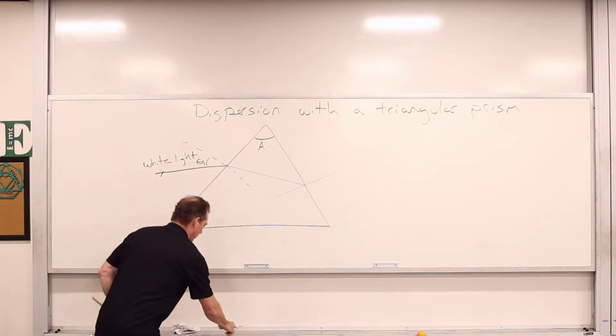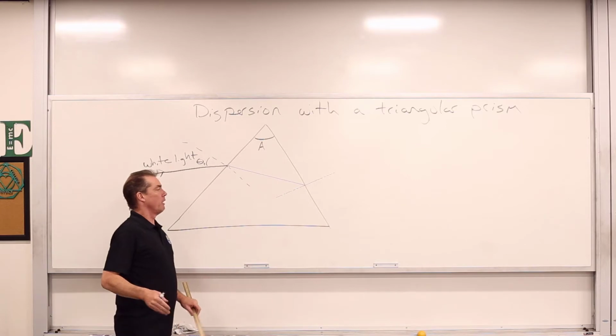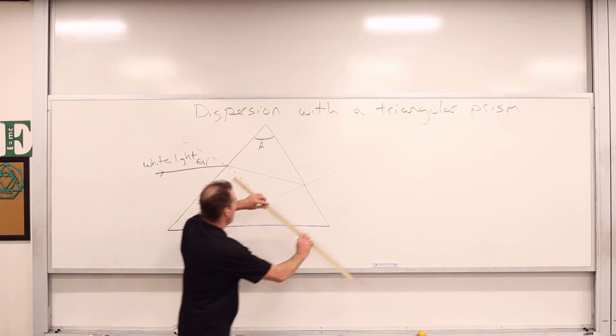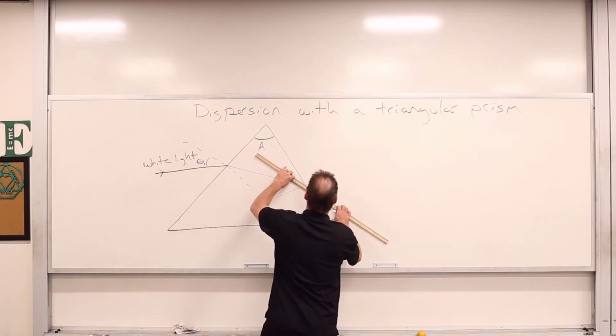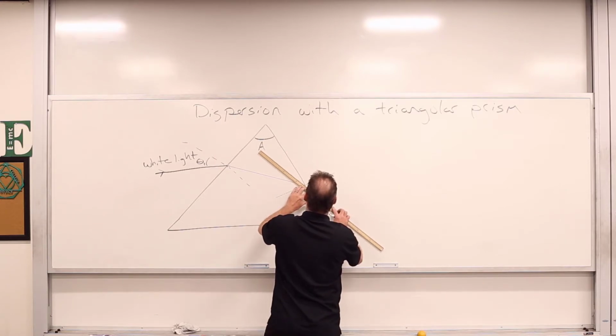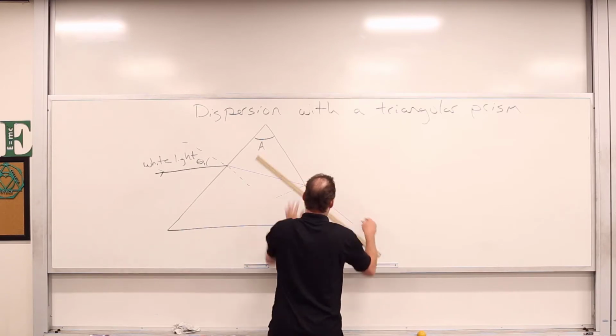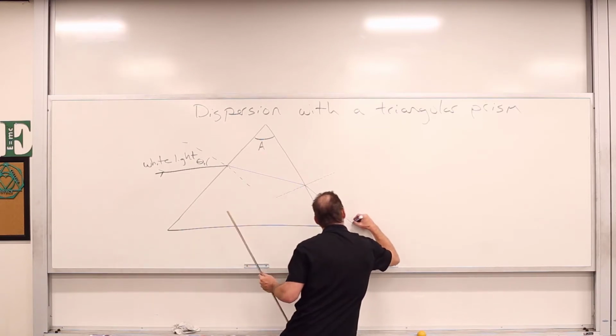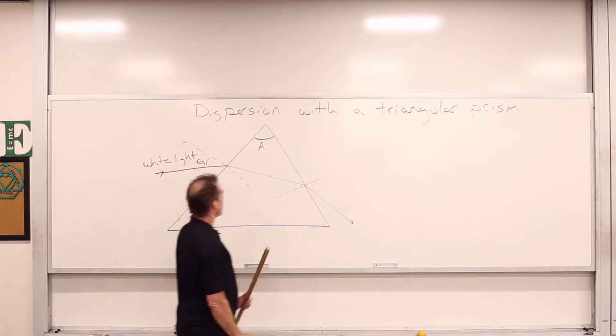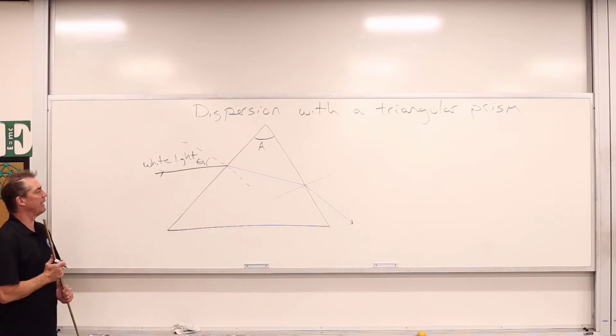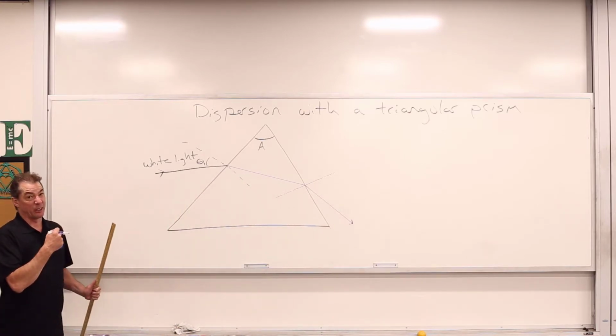And what do we get? Well, now it's going to bend outward, away from the normal as it exits the prism, with some amount of bending going on. There we go. It goes like this. So there's the violet.